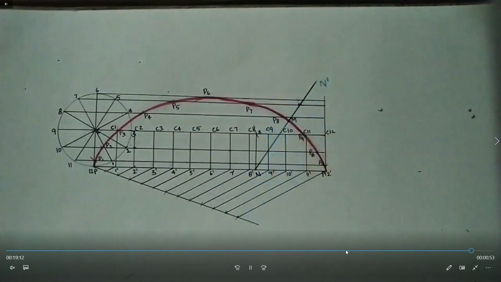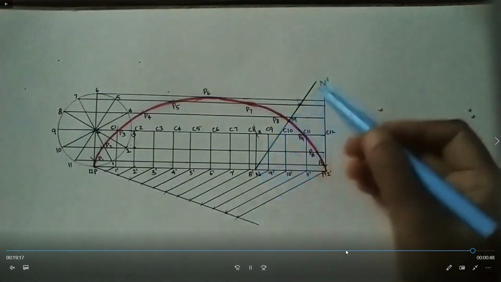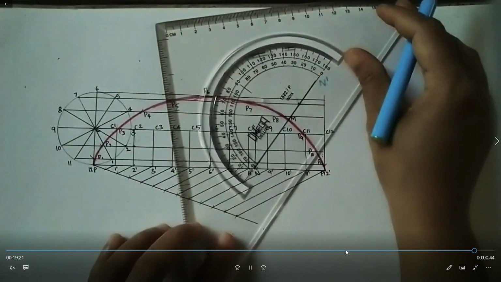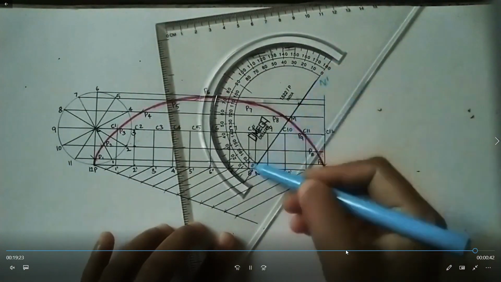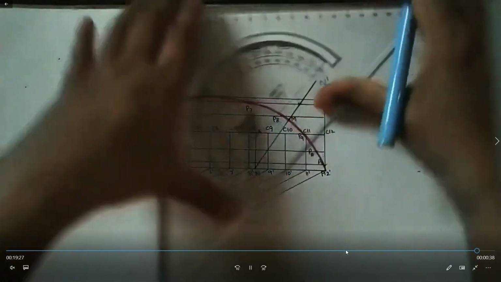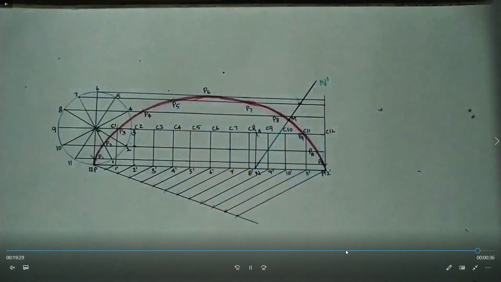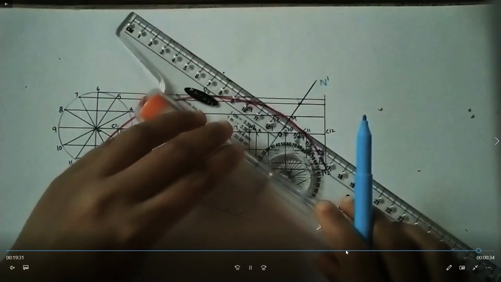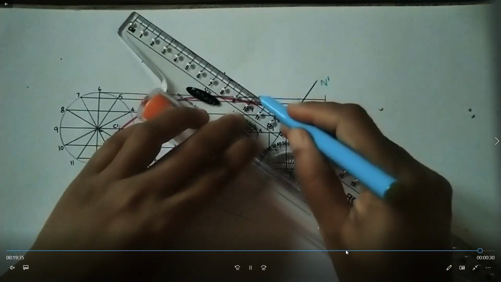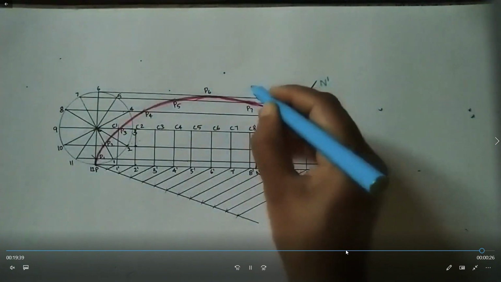With the help of the scale, we draw the horizontal line which touches the curve. That line is called the tangent. With the help of the protractor, draw it directly at 90 degrees, the horizontal line touching the curve. That is the tangent.